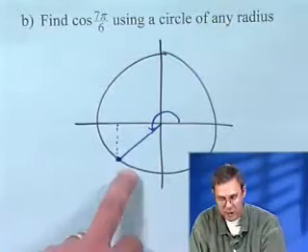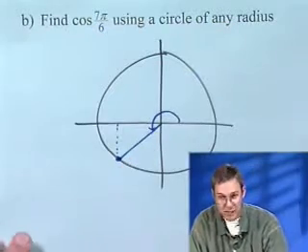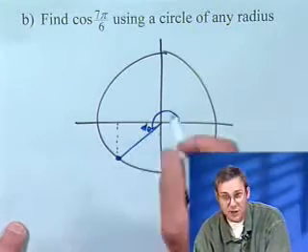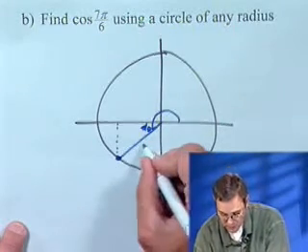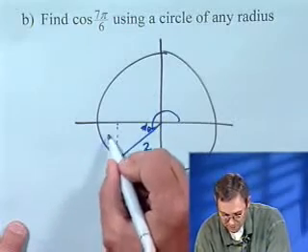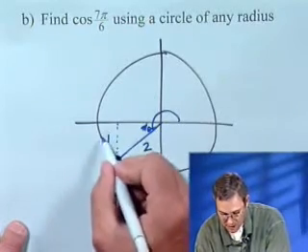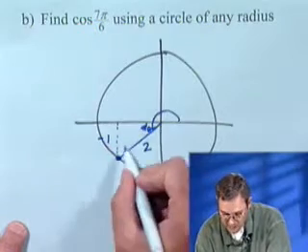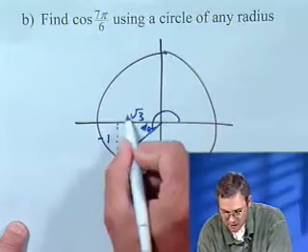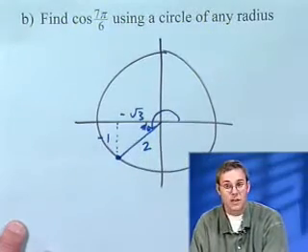The last problem, we converted this to a unit circle, but I don't need to. Since this is pi 6, we're accustomed to the 1, 2, root 3 triangle, where this is 2. The opposite of the pi 6 was 1, but since I'm in the negative direction, it's negative 1. The side opposite the pi thirds was square root of 3, but since I'm in the negative direction, it's negative square root of 3.